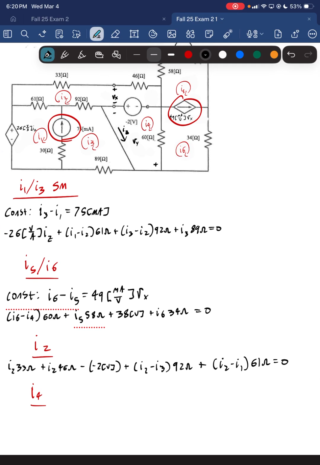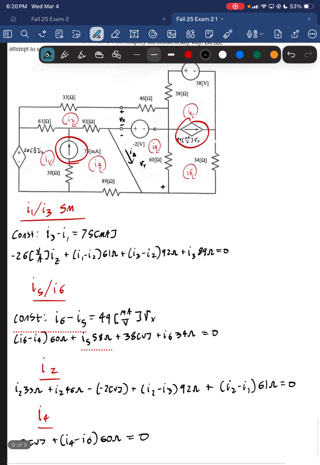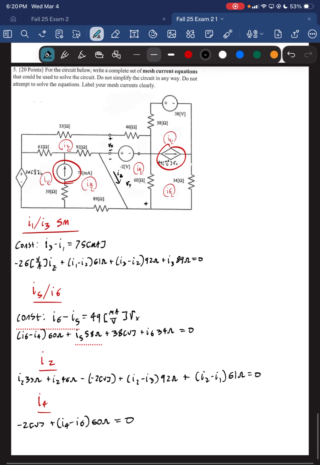It's going to be minus 2 volts plus I4 minus I6 times 60 ohms equals 0. So whenever you have a wire, we just treat it as like nothing? Yes, because it's just a KVL.